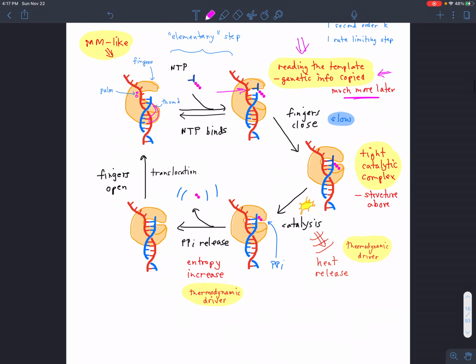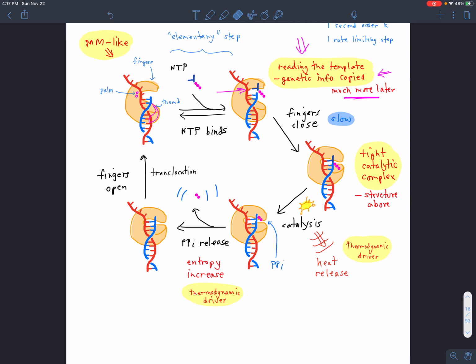Then the fingers close, and this is a slow step. We'll talk about why it's slow. There's a functional reason why it's slow, and there's also a physical reason why it's slow. There's a sort of physical way of understanding it, but also it should be slow. We'll see that it's important that it be slow because this is, like I said, part of the testing process to make sure it's the correct nucleotide.